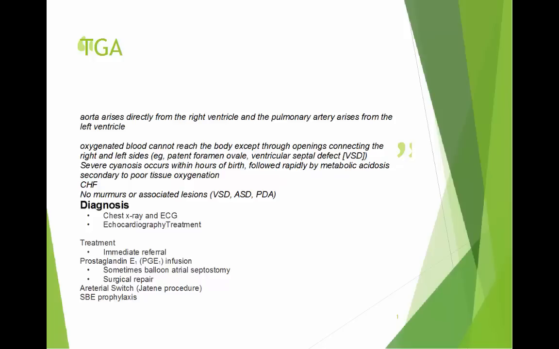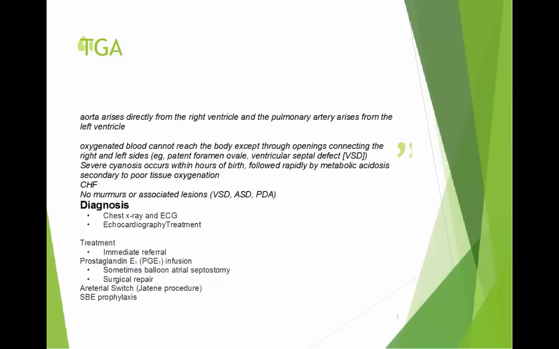Oxygenated blood cannot reach the body except through an opening connecting the right and the left side. For example, you must have a patent foramen ovale or ventricular septal defect in order to have oxygenated blood reach the systemic circulation. So, systemic and pulmonary circulations are completely separated and backwards.